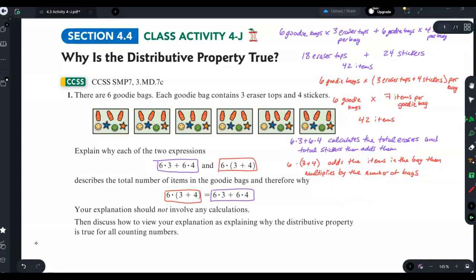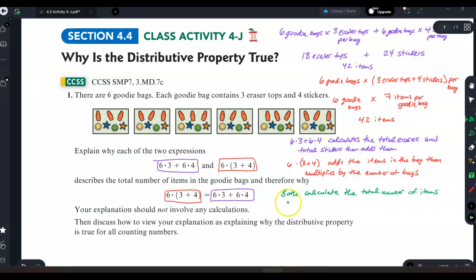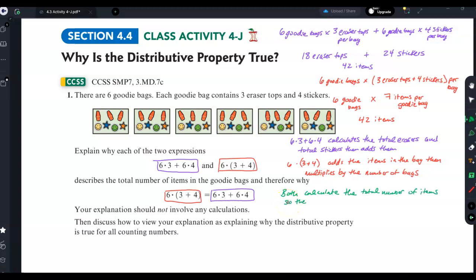So it makes sense to do it either way. It's just two different ways of finding the total without actually individually counting every single item. And so we get the same answer either way. So we could say both calculate the total number of items. So they equal each other. And that's the whole idea, right? So this is demonstrating the distributive property.